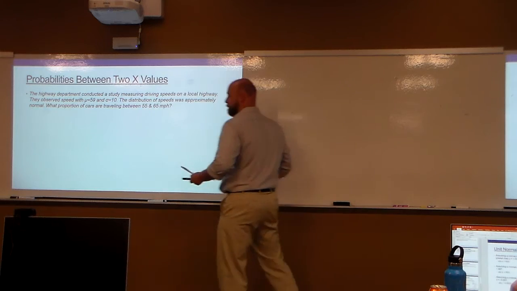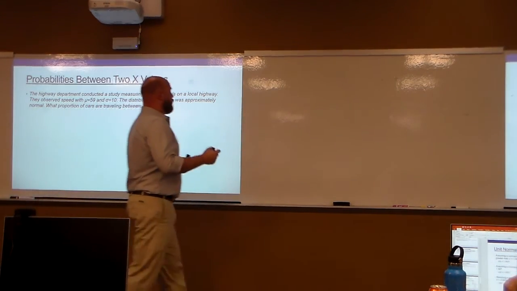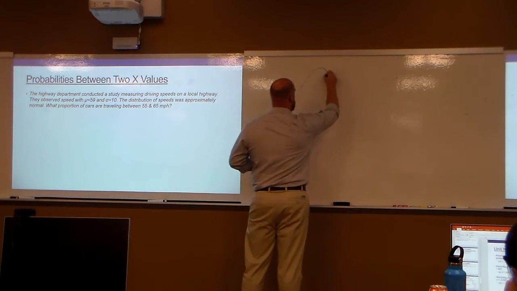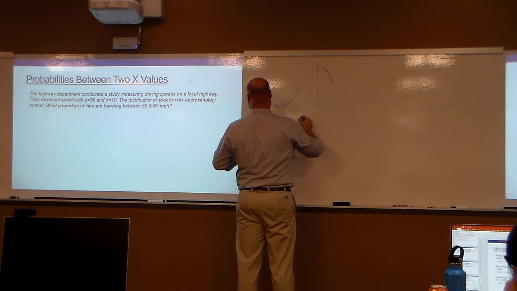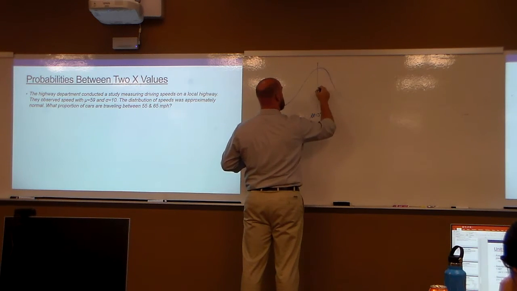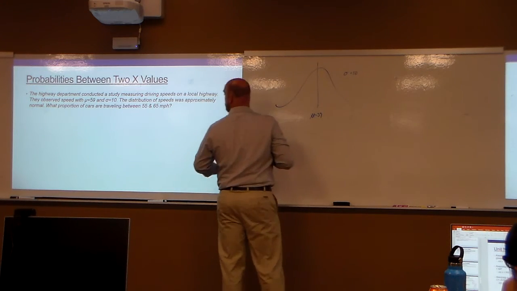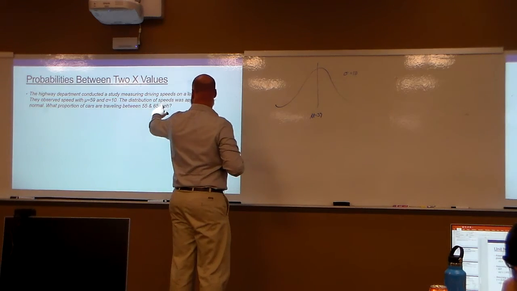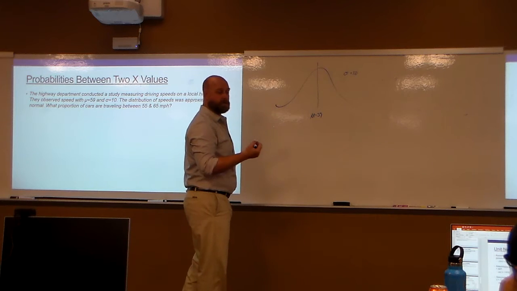So if I'm doing this, first thing I want to do, sometimes I get turned around in my head with things. We go through, mark this down. I'm going to say mean 59, standard deviation is 10, and I want to know the number of people driving between 55 and 65 miles an hour.